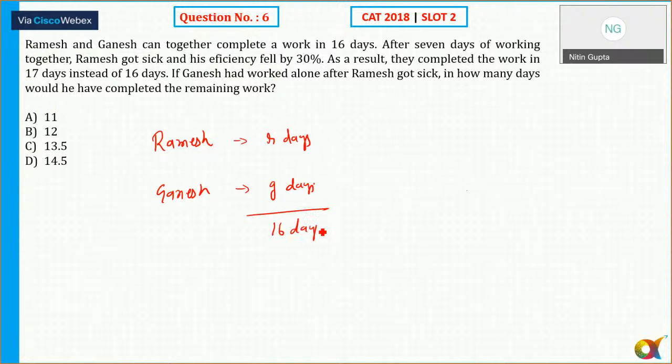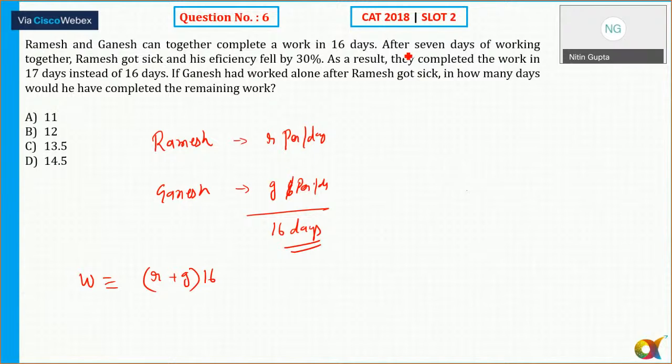Or rather, instead of days, let's say Ramesh is doing R units per day and Ganesh is doing G units per day. So the total work is equivalent to R plus G into 16.